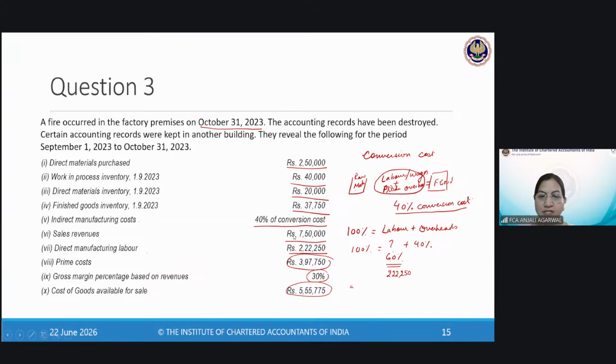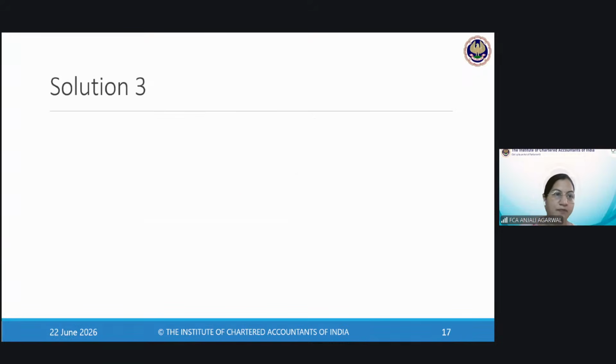So even if you just simply draw a cost sheet pattern, direct material consumed, you will have opening stock of raw material. If you get this type of question in an exam, simply prepare the cost sheet and whatever the missing information is, just put it in, and whatever information you have, just put that.